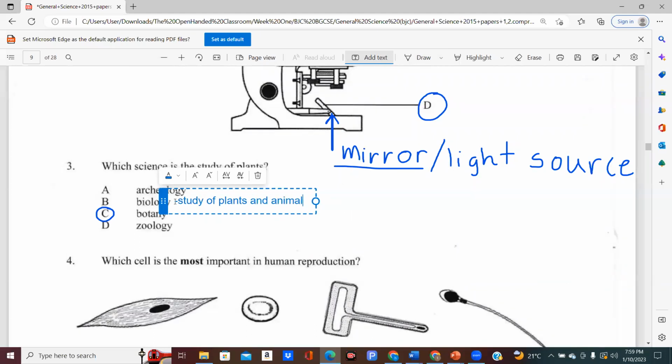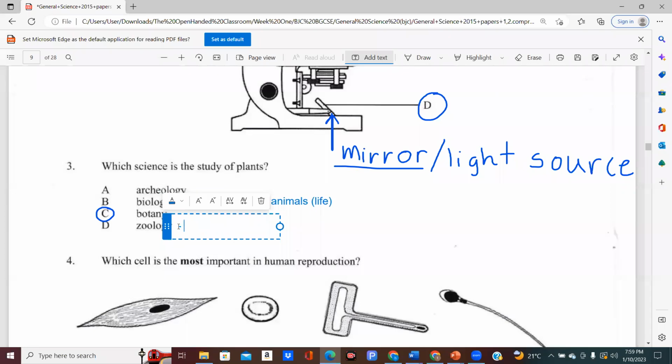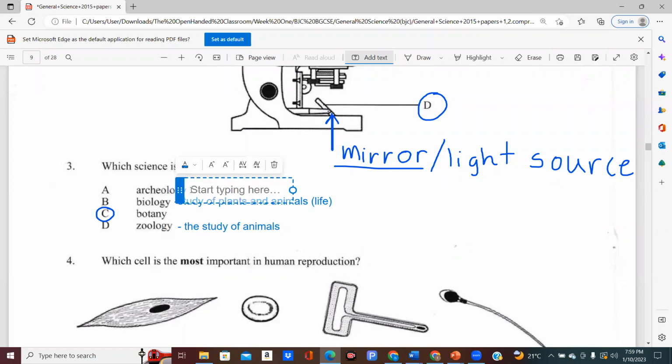That's biology, or the study of life. What is zoology? The study of animals. What is archaeology? The study of history, the study of people back then.